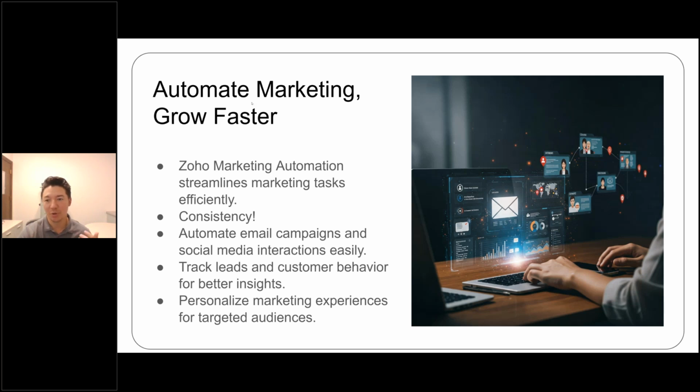You're going to hear the word personalization probably 50 more times this webinar, but doing it at scale. So it's a big one. Automation allows you to personalize your communication with each individual customer, even when you're dealing with a large audience. So you can tailor messages based on behavior with your emails, website behavior, preferences, and where they are in the buying journey. So the level of personalization is somewhat impossible with traditional methods.